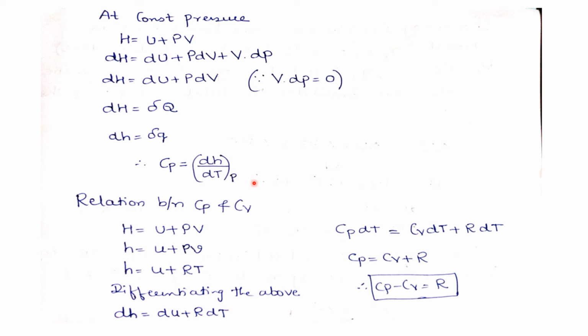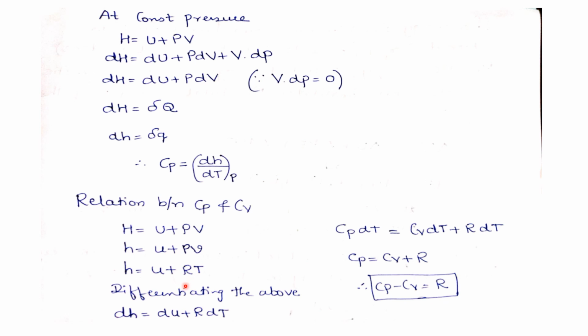Now let us write the relation between specific heat at constant pressure and specific heat at constant volume. Already we know that H is equal to U plus PV. So specific enthalpy, that is per unit mass, small h is equal to small u plus P into V. We already know the perfect gas equation, that is PV is equal to RT.